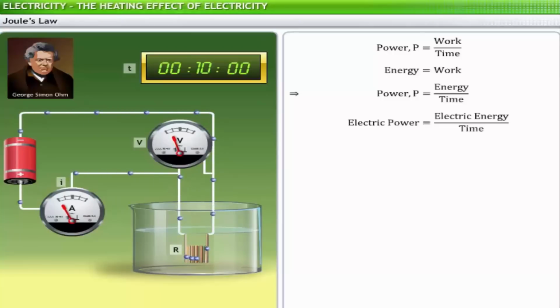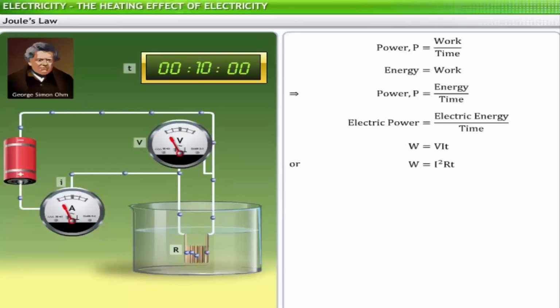We had seen earlier that electrical energy is expressed as W is equal to VIT, or W is equal to I square RT.